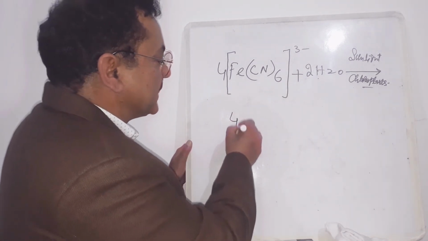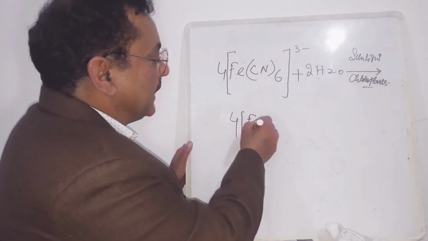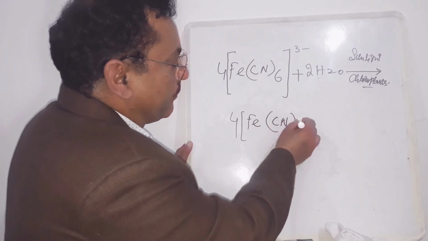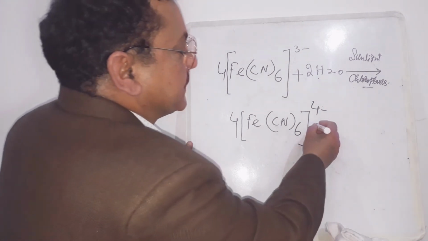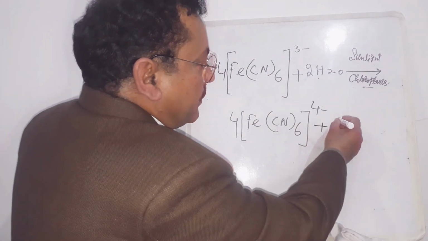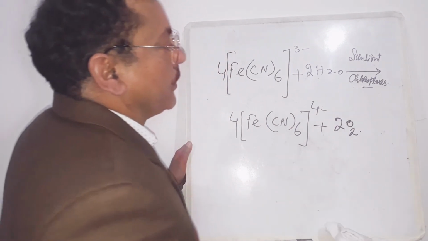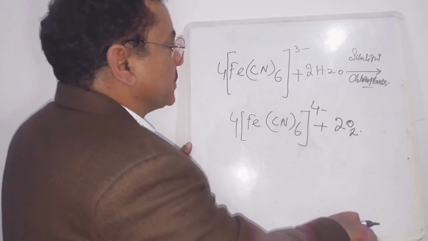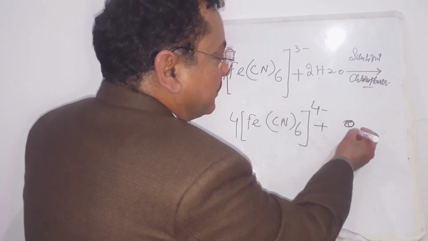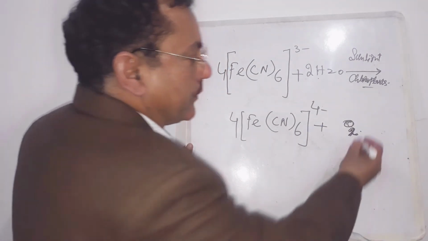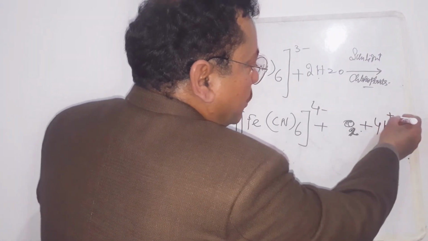Hill observed the production of a reduced substance, that is FeCN6 whole raised to power 4 negative, plus O2. Sorry, not twice O2, it is O2. Plus O2, that is oxygen, plus 4 protons.